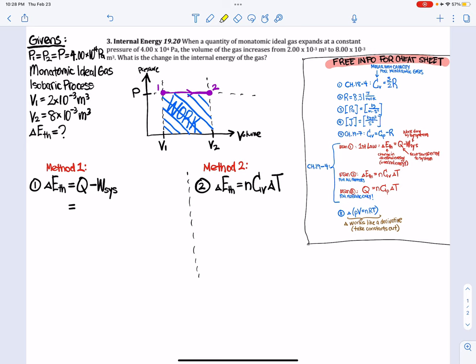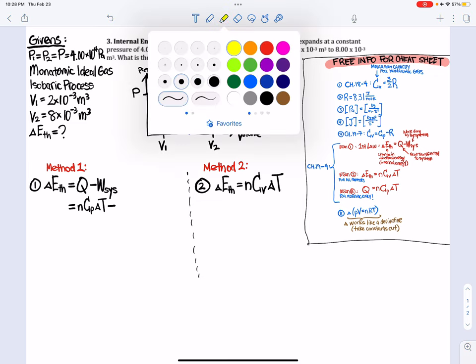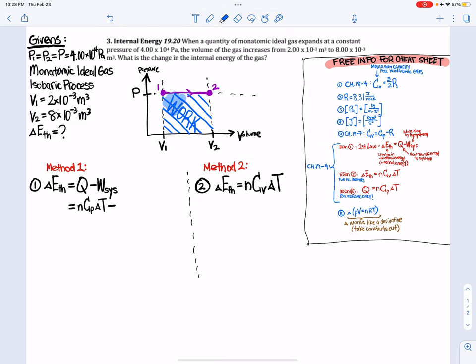So I'm going to substitute Q for N times molar heat capacity for constant pressure times delta T, okay? Minus work done by the system. And what is my work done by the system? Again, remember, it's this area right here under the curve, right? And that's very easy to calculate. It's just a rectangle.